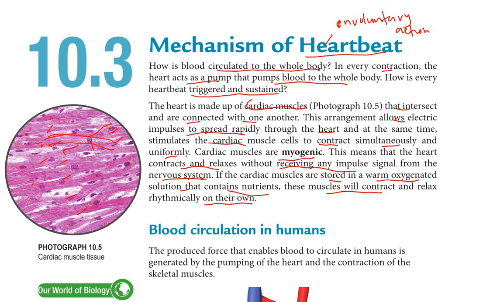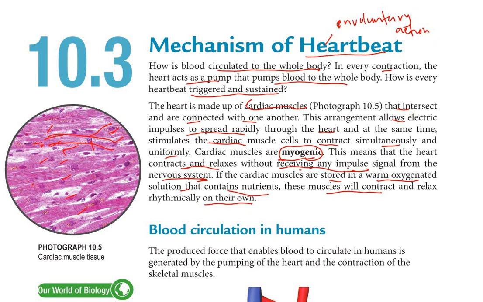So this is special about cardiac muscles. They are myogenic. The words you must remember: myogenic, contracts and relaxes without receiving any impulse signal from the nervous system. That's why this is one of the involuntary actions in our body.